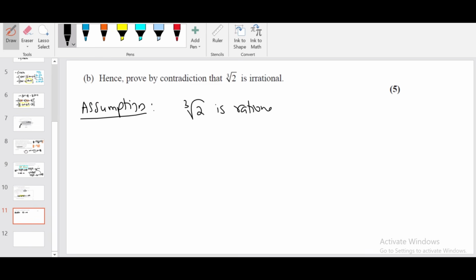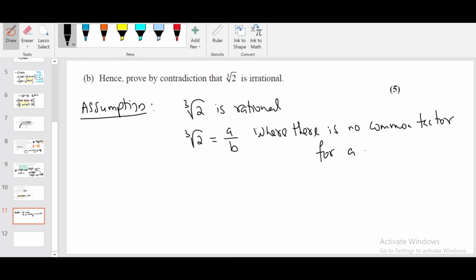Not only that, it can be written in the form a over b, where there is no common factor for a and b. That's very important, because we are going to end up proving there is a common factor.